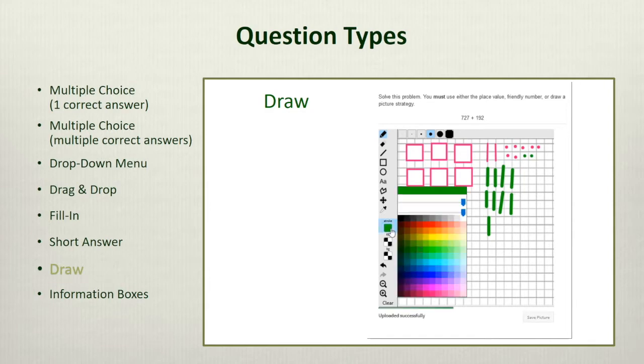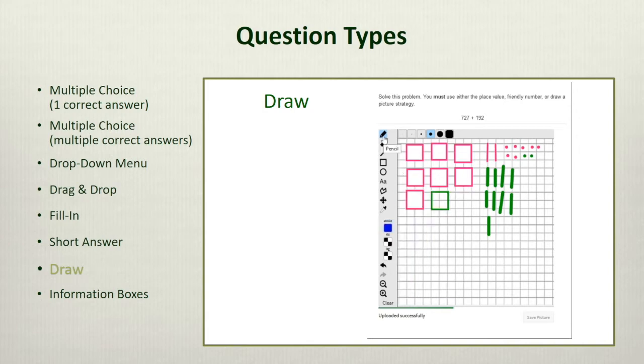Now I'm going to change colors again, and I'm going to use the pencil tool to show how I'm regrouping. So I know I have 9 green and 1 more. You know what? That line is too thick. I'm going to stop what I'm doing, undo that line, change the thickness of the line by choosing the smaller dot, and try it again.